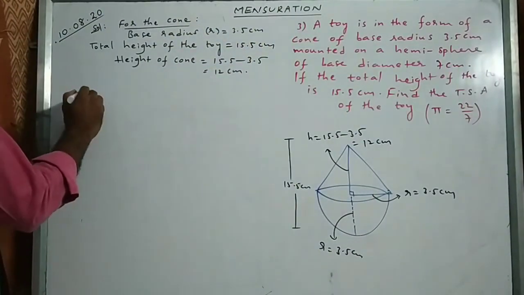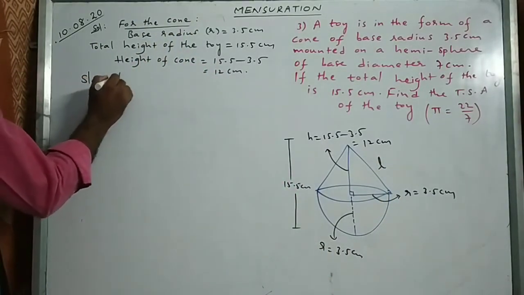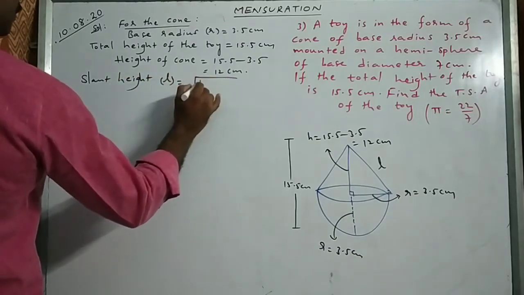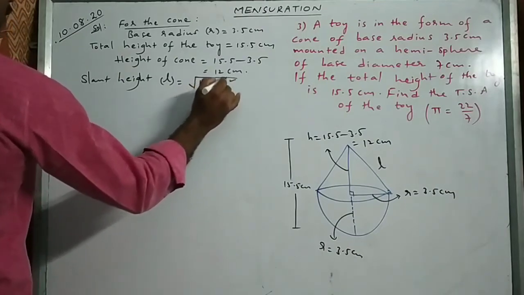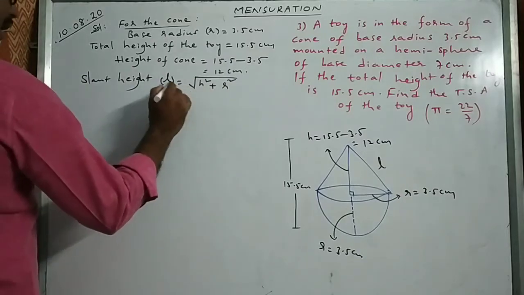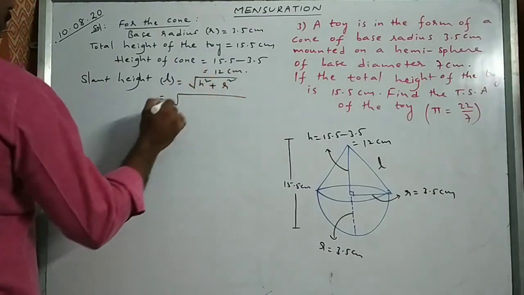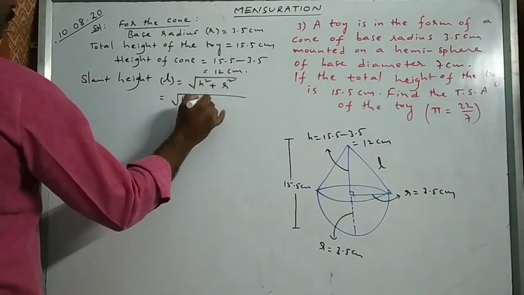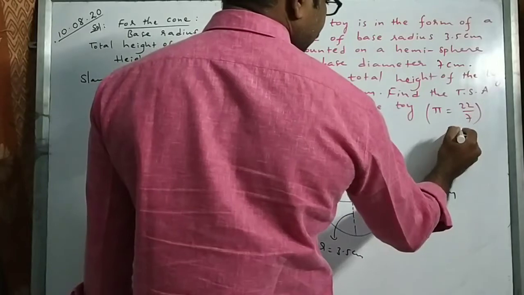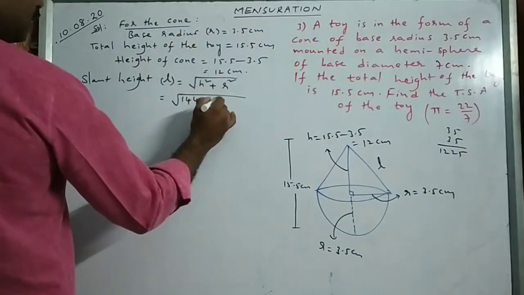I want the slant height also. Slant height L is equal to square root of h square plus r square. I told you the relation between radius, height and L is L square equals h square plus r square. Here h is 12, so 144 plus radius 3.5 squared, 12.25.